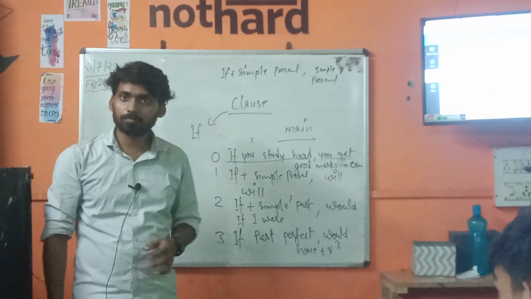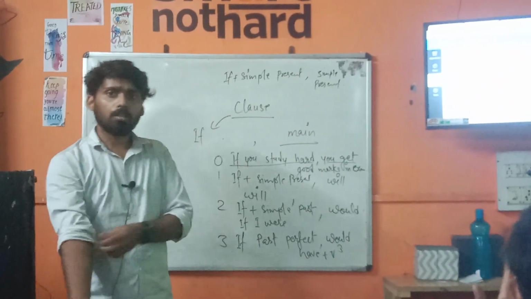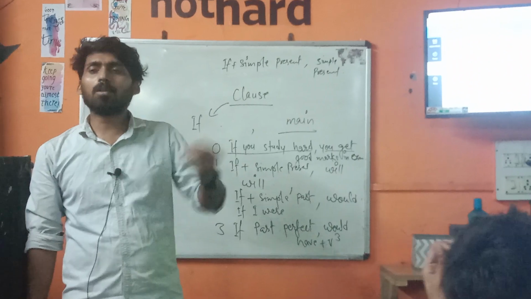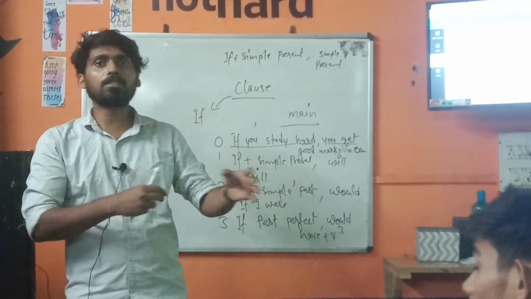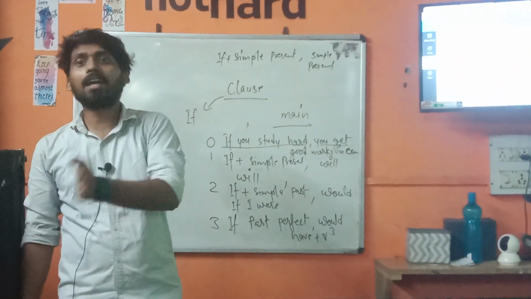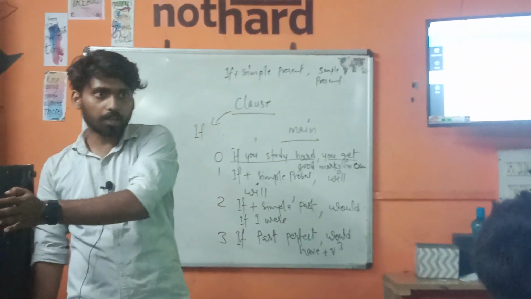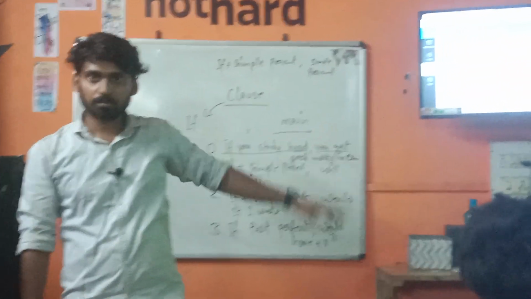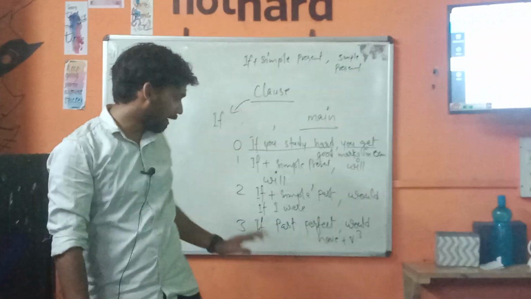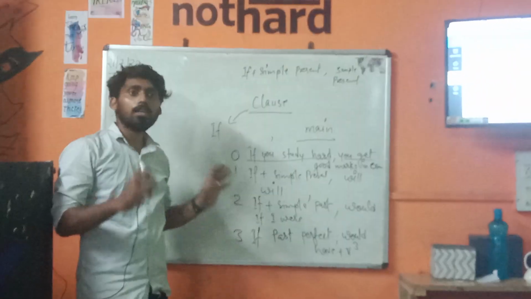So third condition is all about regret, not only regret, it's about something which did not happen, and you are saying that if it had happened, it would have happened. Second condition is all about imagination.